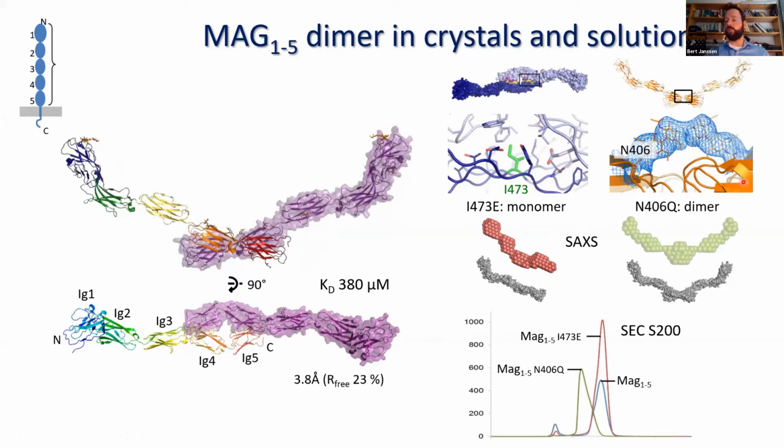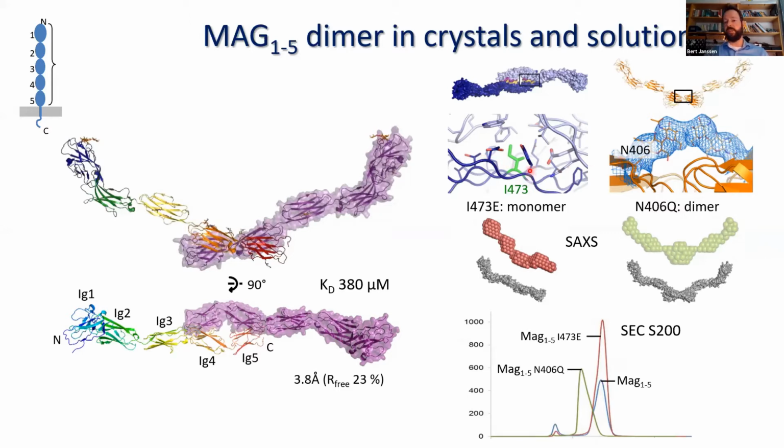We looked at the structure and thought, maybe we can make a mutation that enhances the dimerization, because there's a site near the twofold axis in the dimer, where there's a glycan that sterically hinders its symmetry-related dimer. So we thought if we mutate out this glycosylation site, we may get more dimers, and indeed that happens.